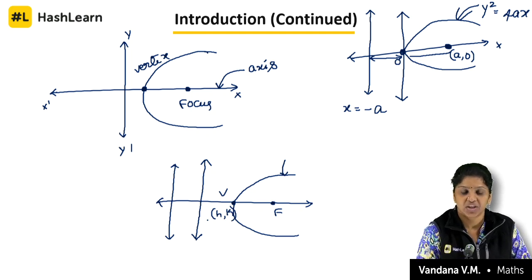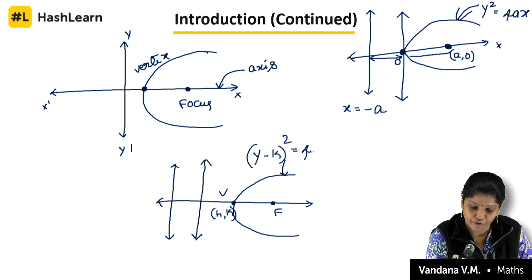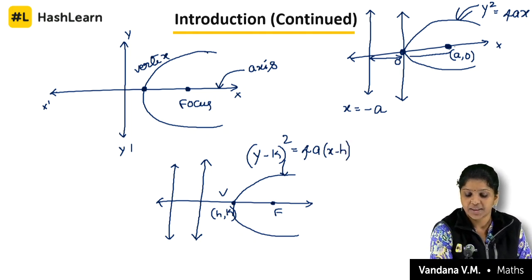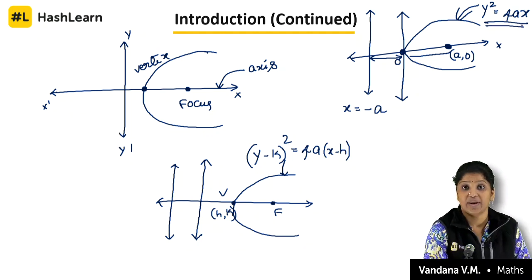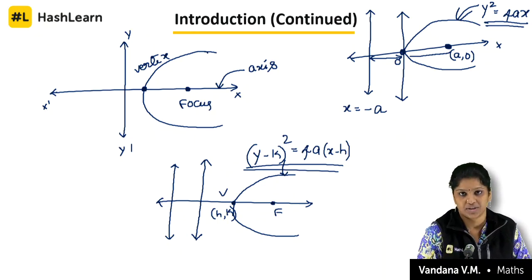That time the equation will be y minus k whole square is equal to 4a into x minus h. Understood, children? This is the equation when the vertex is at the origin, and this one when the vertex is not at the origin.